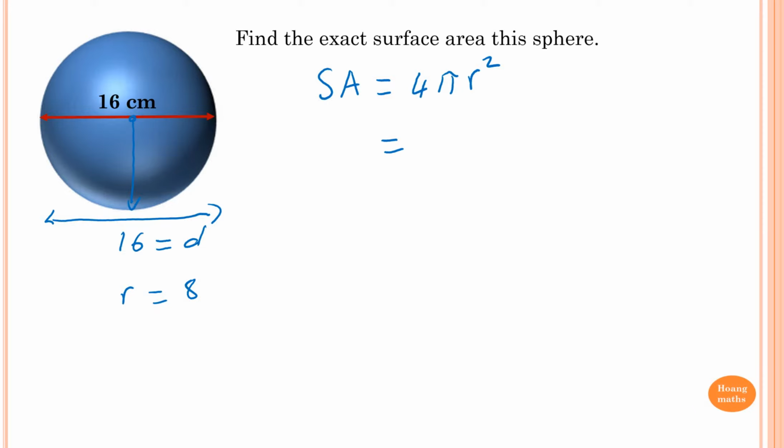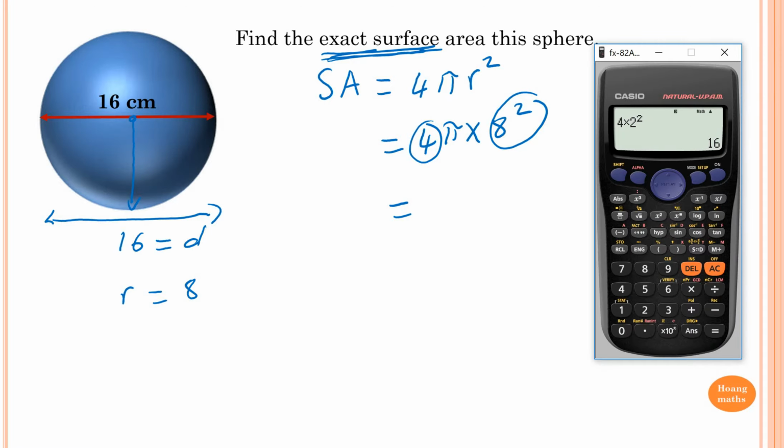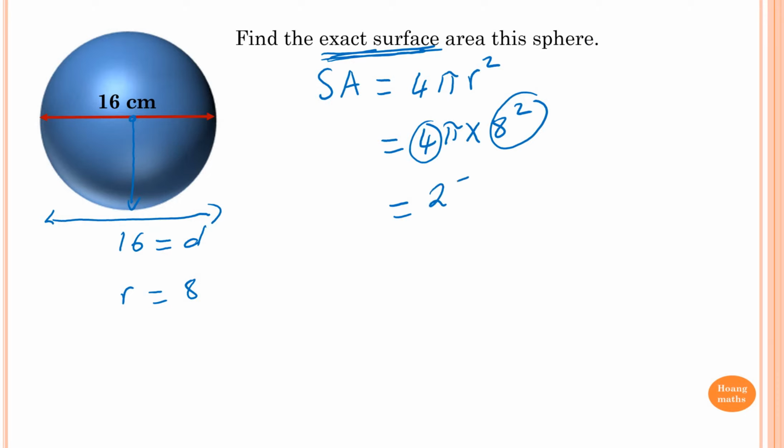So therefore, it is equal to 4 pi times 8 squared, the radius squared. Because they want to work out the exact value of the surface area, the exact value is 8 squared times 4. So 4 times 8 squared gives me 256. So the answer is 256 pi, and the unit is square centimeters.